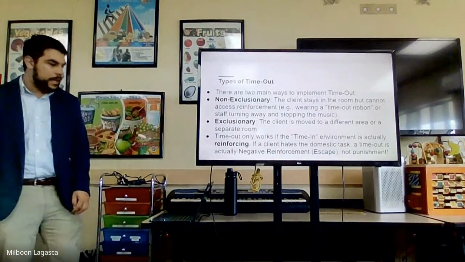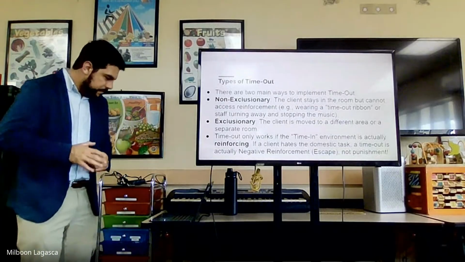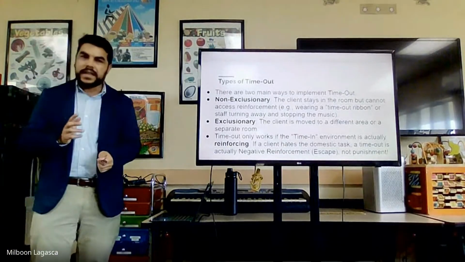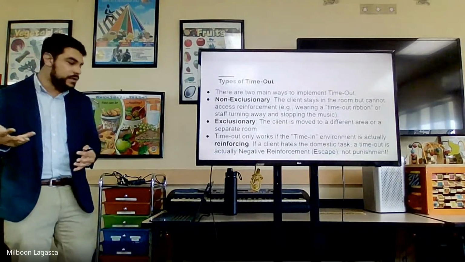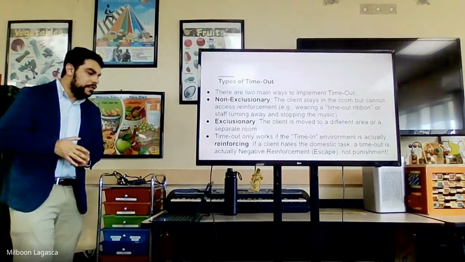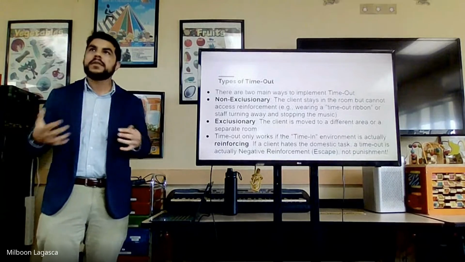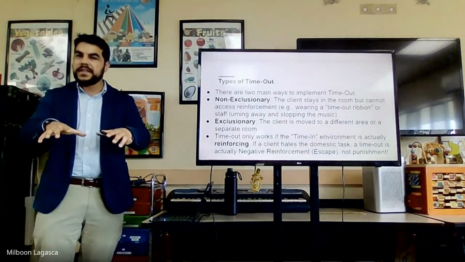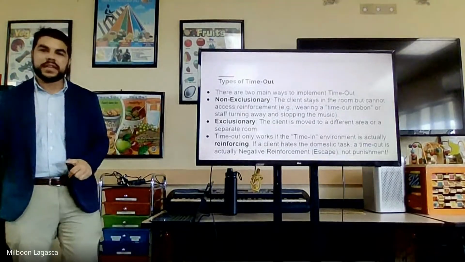There are two primary types of timeout. Non-exclusionary is where the individual stays in the reinforcement environment, but they no longer get access to the reinforcers. So for instance, if they are primarily reinforced by attention, they can stay in their area, but you remove all attention from them and ensure they don't get anything.